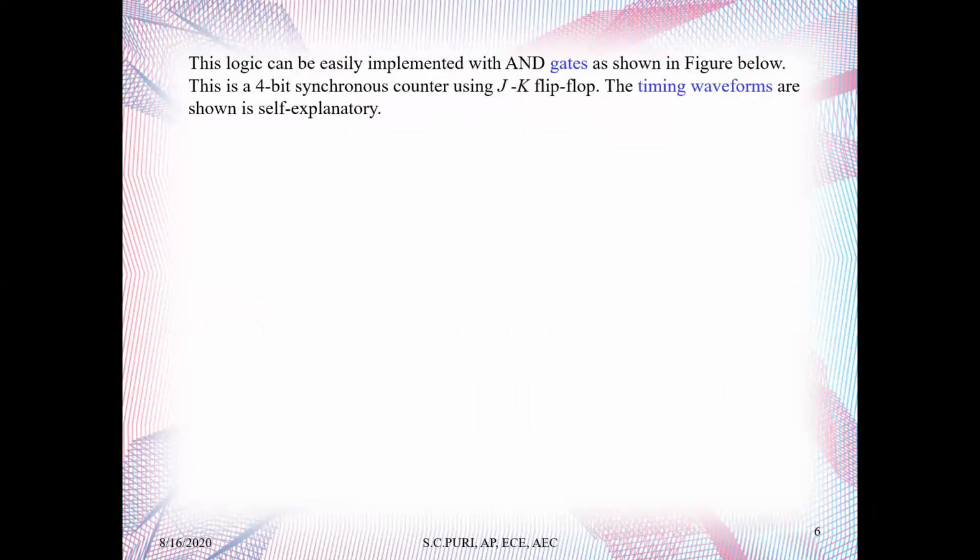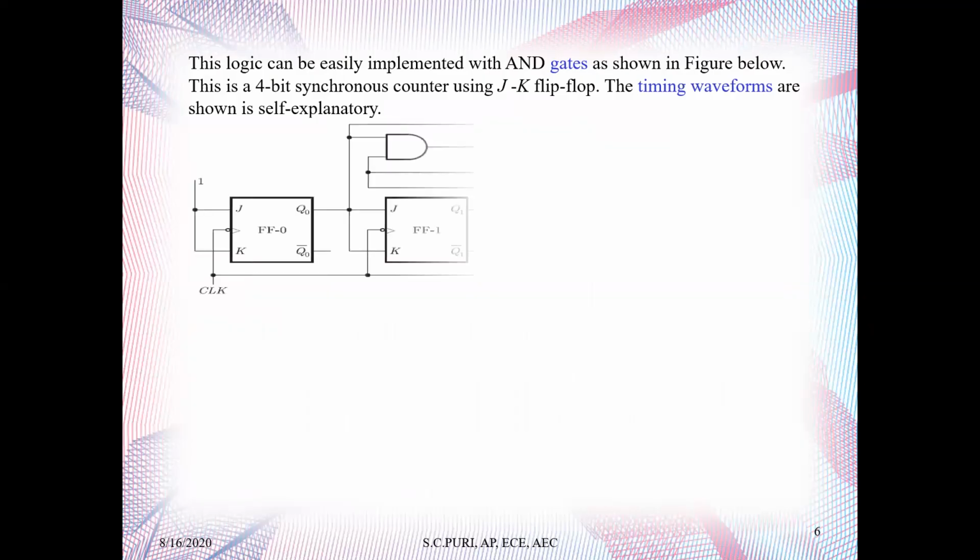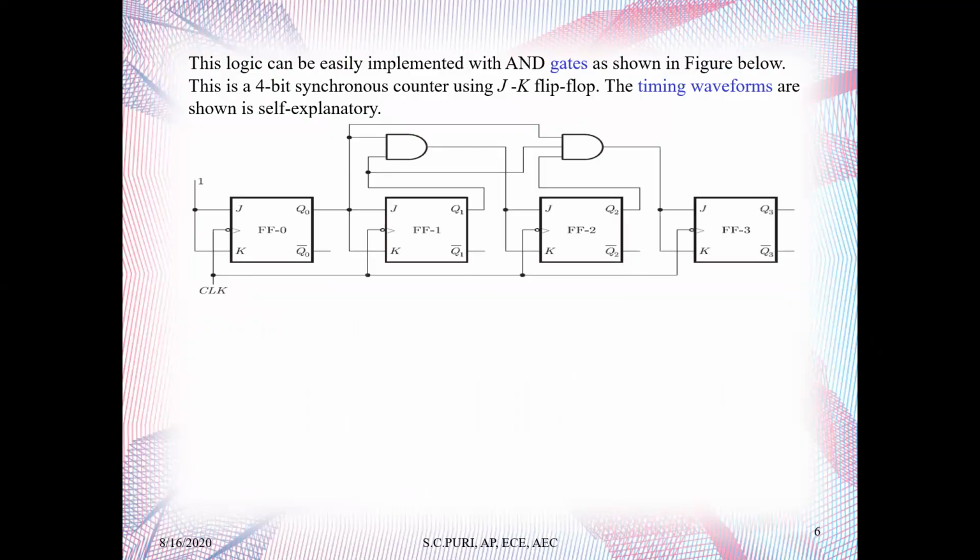This logic can be easily implemented with AND gates as shown in the figure below. This is a 4-bit synchronous counter using JK flip-flops. The timing diagram or waveforms are self-explanatory.